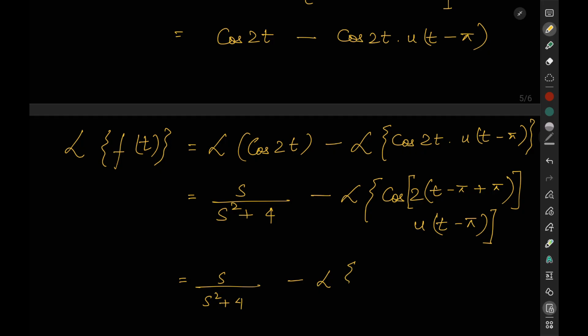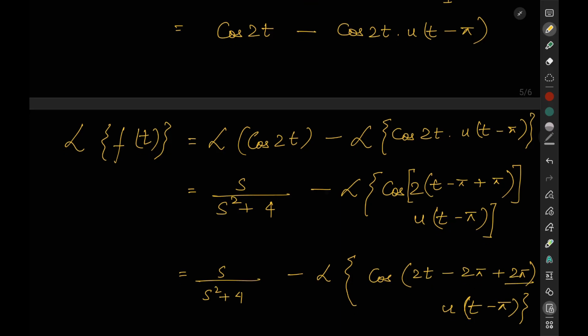This will become the Laplace of cos(2t minus 2 pi plus 2 pi) times u(t minus pi). Now, if we add 2 pi to the angle in cos, the function remains the same.